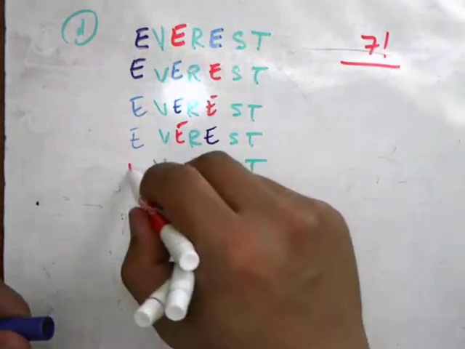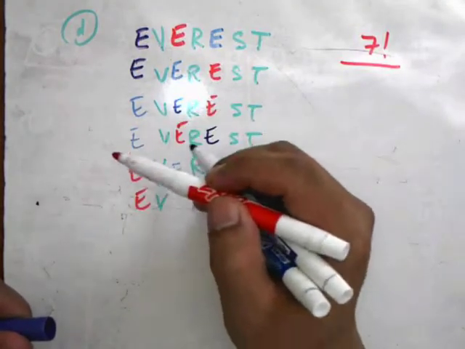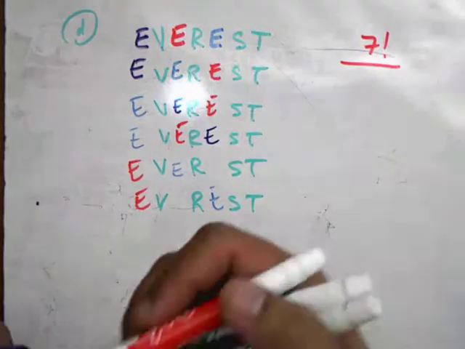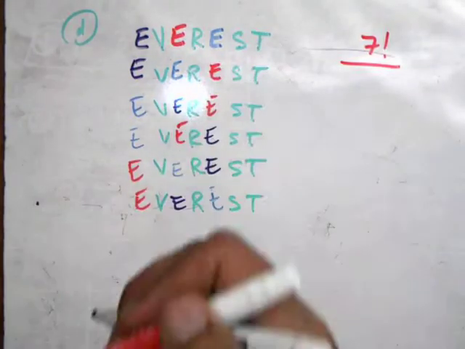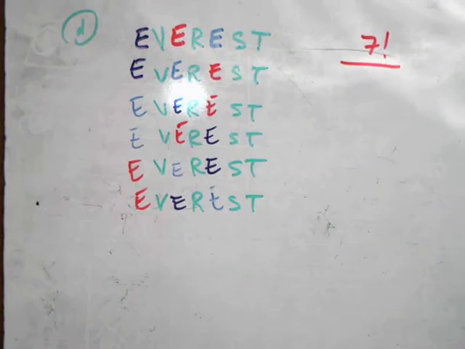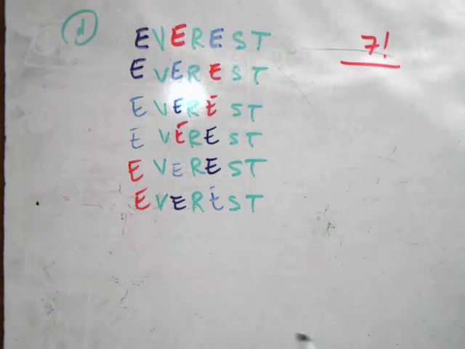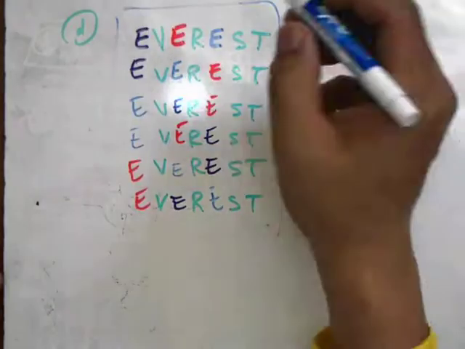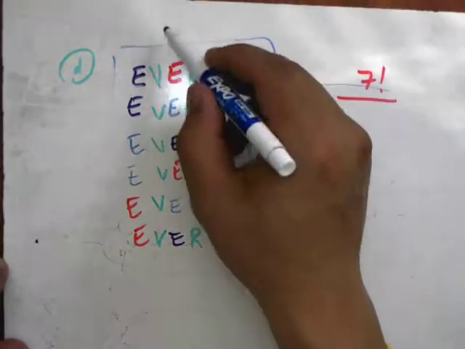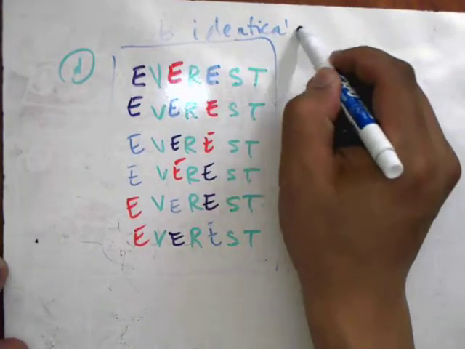Then I can put the red E in front, and then I can put the blue one here, and then the purple one here. So those are all the ways that I could do this while keeping the V-R-S-T the same. So this is really six identical results.